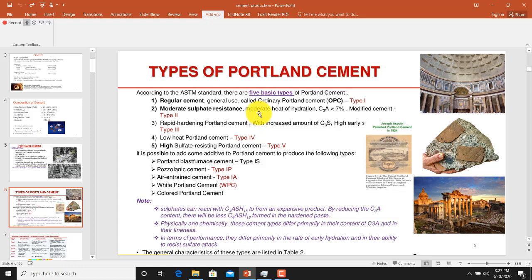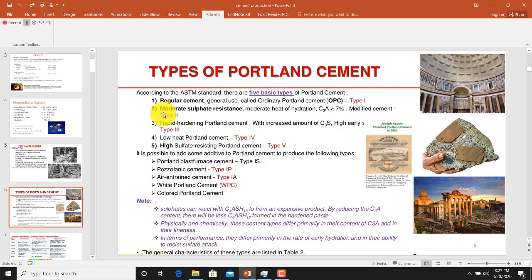Sorry, additives. Let's say we have an ordinary Portland cement. This is known as the type 1 cement. According to ASTM classification, type 1 cement has a strength gain at the 28 days strength. We will call it design strength. So that is the ordinary Portland cement.